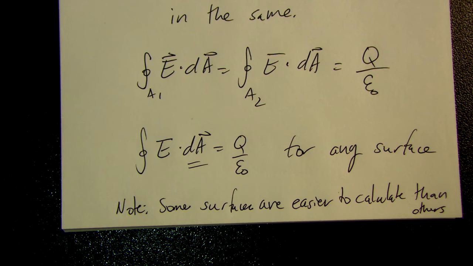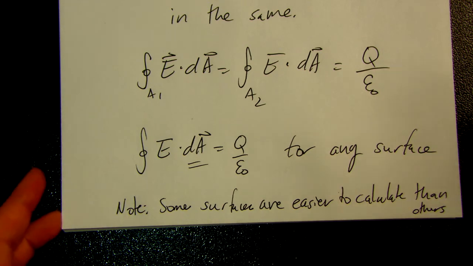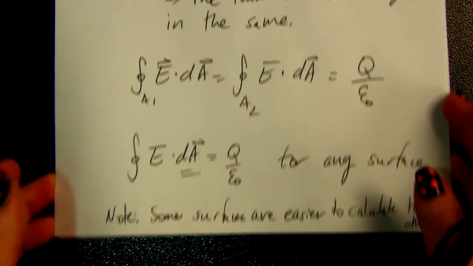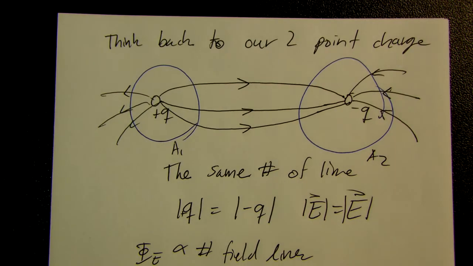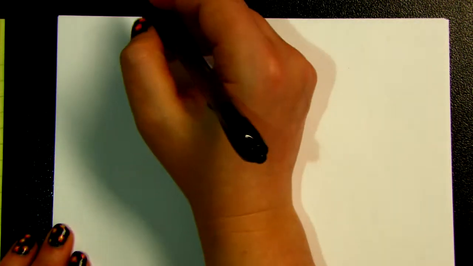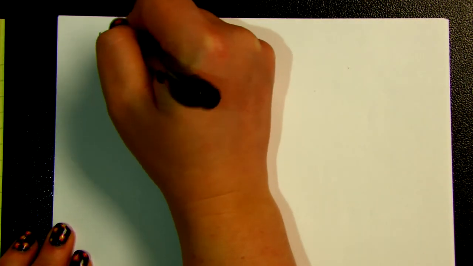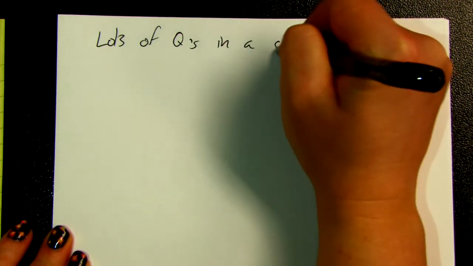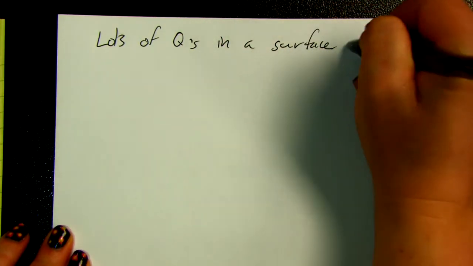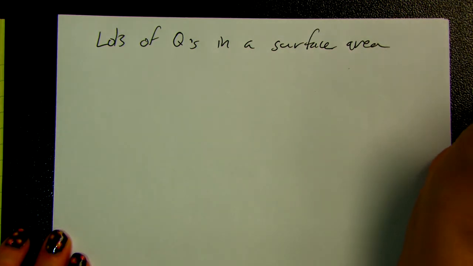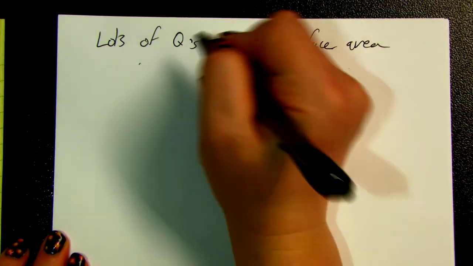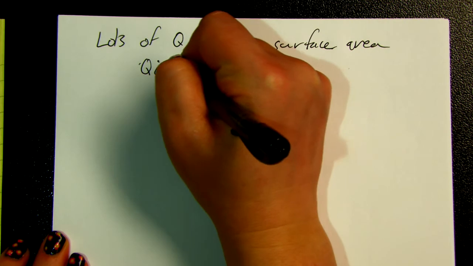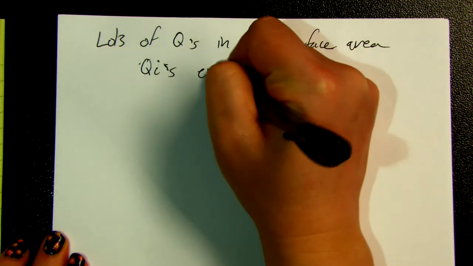All right, so let's keep building on this particular concept. How would we do Gauss's law in the case that there are lots of charges? So lots of Q's in a surface area. In which case, no problem. So let's say we're going to call these Qi's enclosed.